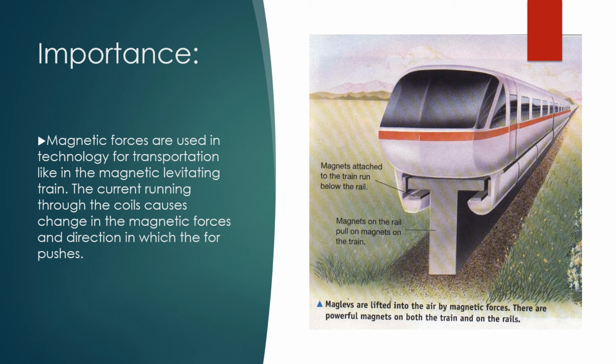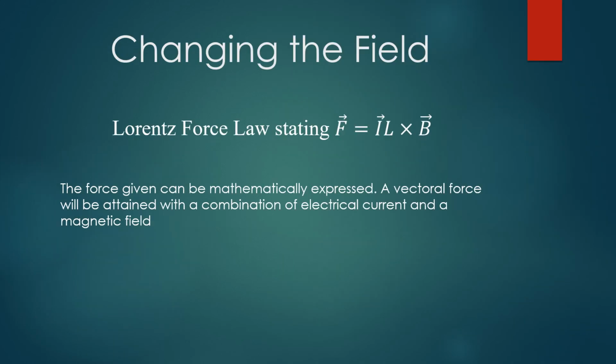These trains have no engines like common railroad trains. Instead, the force that is generated from the movement of the electrical current along some conductors creates the magnetic field that pushes and pulls the magnetic material in some direction. Changing the field.